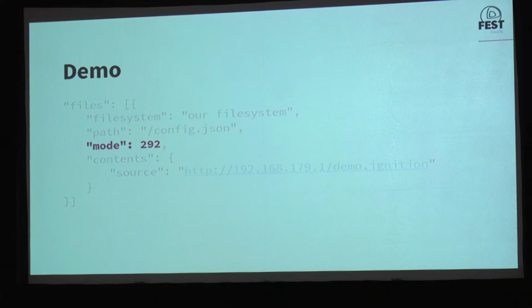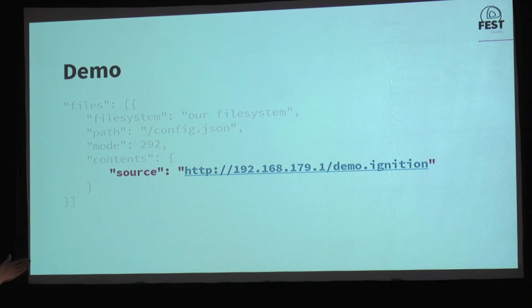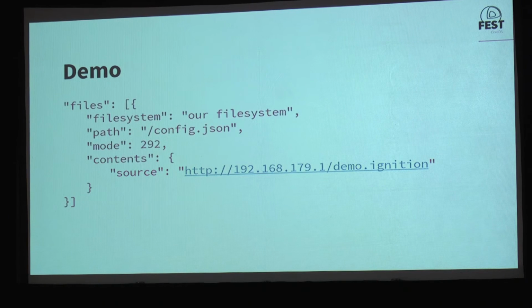And the last piece of this is the contents. With Ignition, we can actually specify file contents by remote resources. In this example, I have an example web server that I'm running, and what we're going to do is populate this file with the configuration that we actually pass to the machine, just to illustrate this. I don't think it's particularly useful in practice, but it's an interesting illustration.